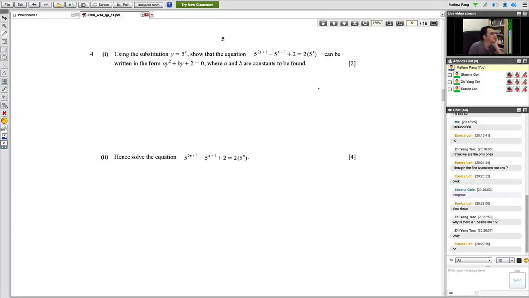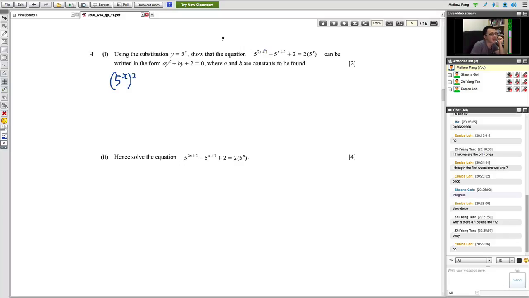Indices, I think. Using the substitution y equals 5 to the power of x, show that this equation can be written in this form. So yes, you need to understand indices. I'm going to substitute into here, but I will simplify it first. So this is 5 to the power of 2x, which is the same meaning as x times 2, because 2 multiplied by x and x multiplied by 2 is the same thing.